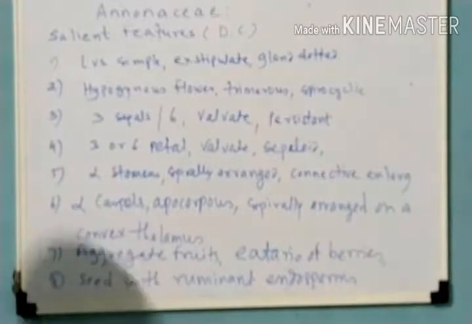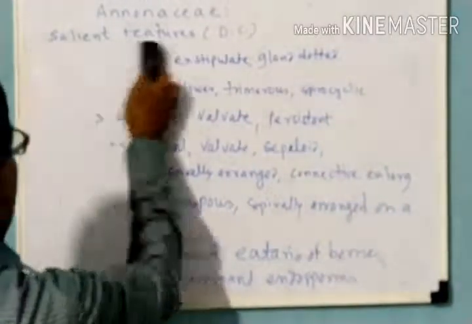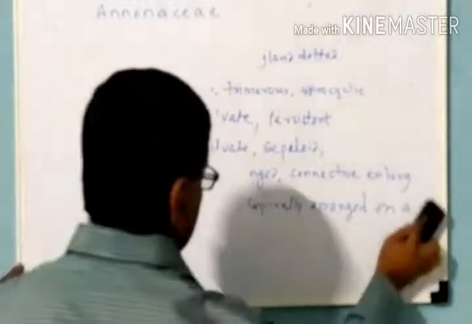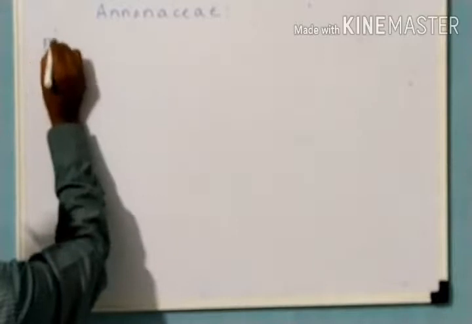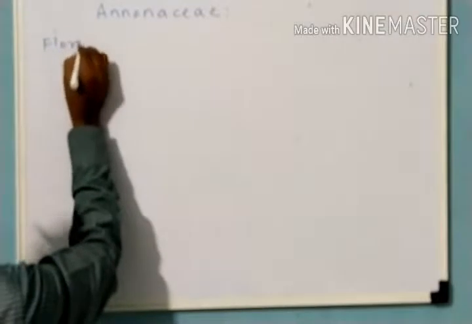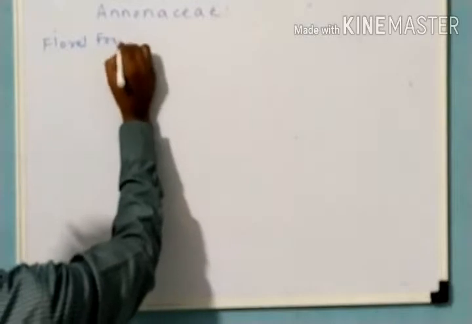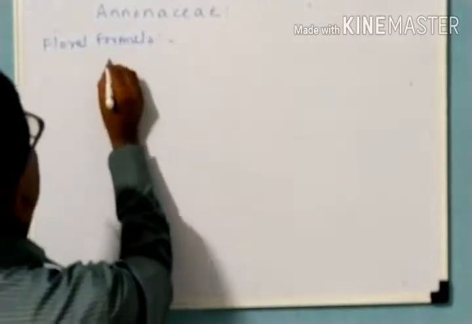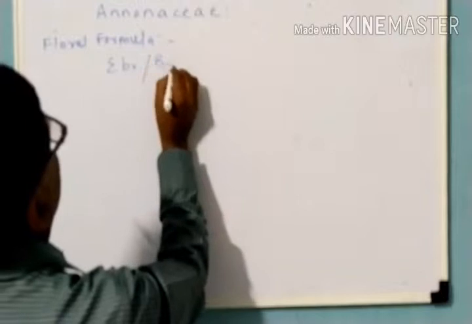Now we will go ahead to see the floral formula of this particular family. The floral formula is developed using standard symbols. You can just see. The flower may be ebracteate or bracteate.